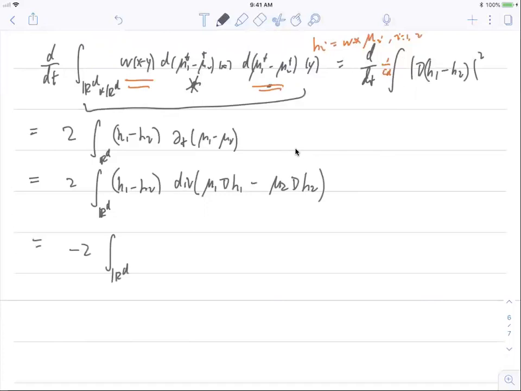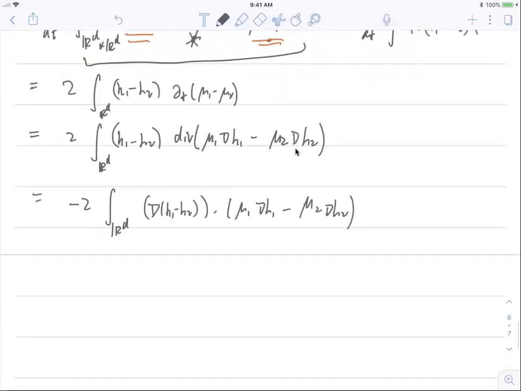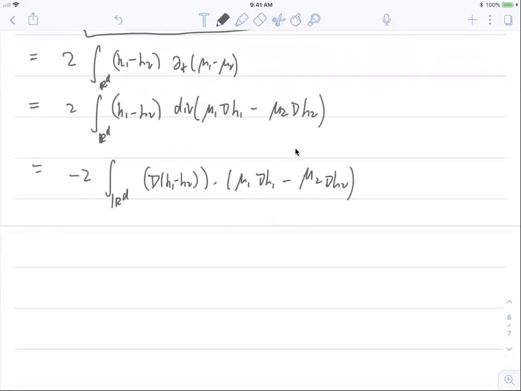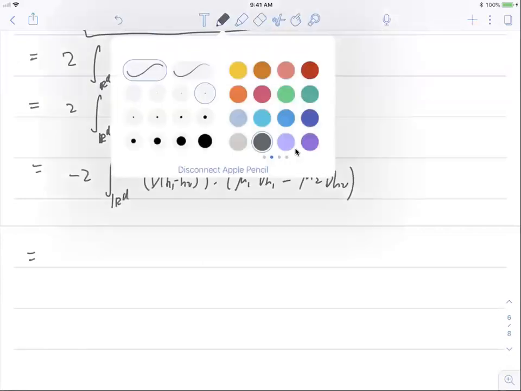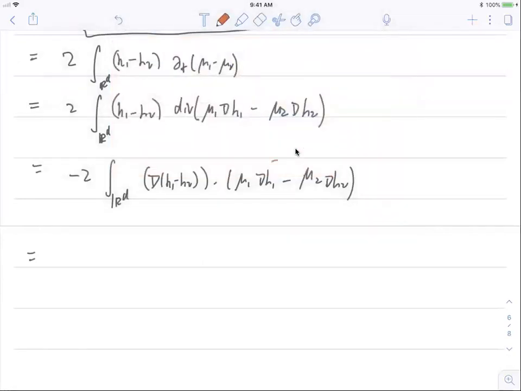So we get this. So now we get mu1, mu2. Okay, so then we can interpret one term, right? So it's something like this. Here we take minus mu1 gradient h2, then plus mu1 gradient h2.